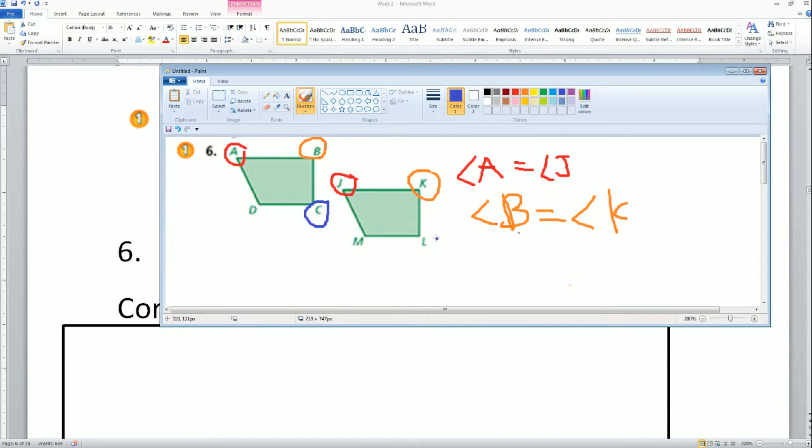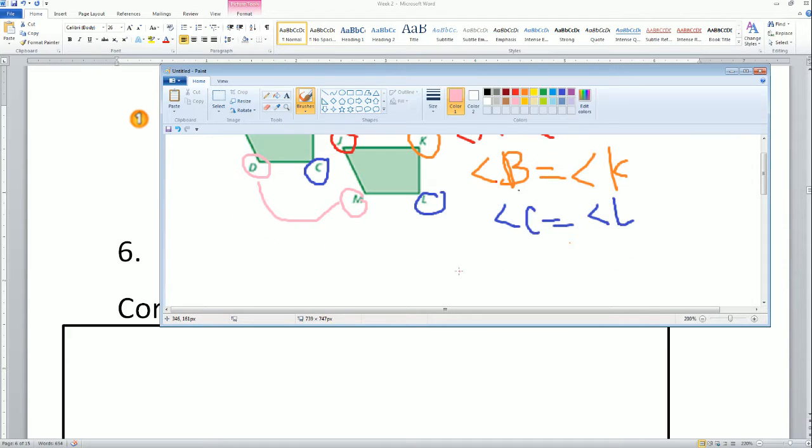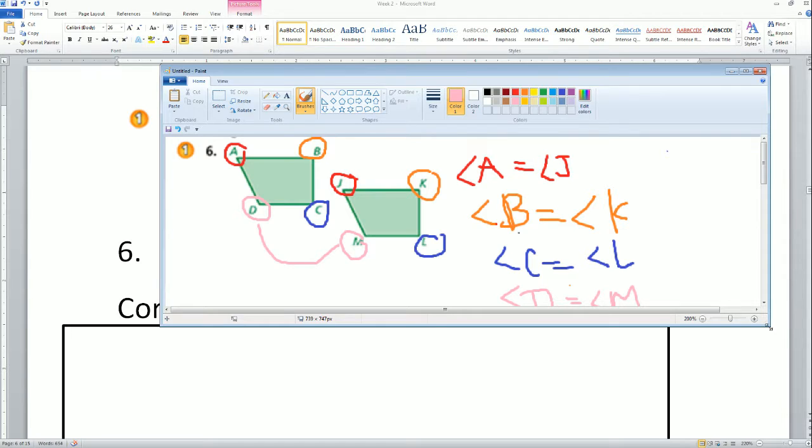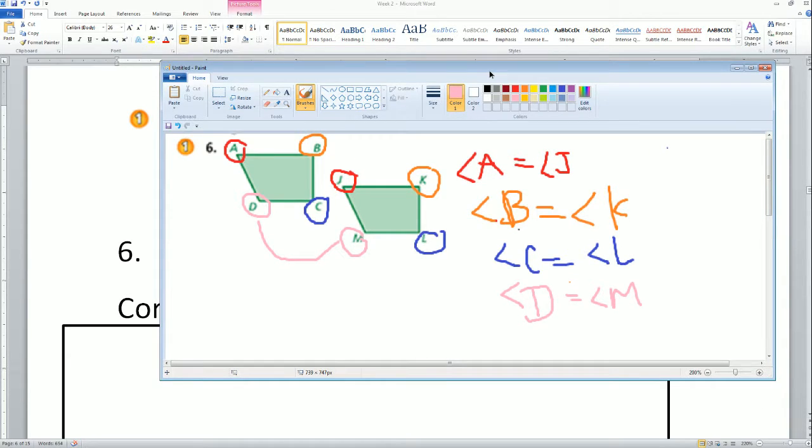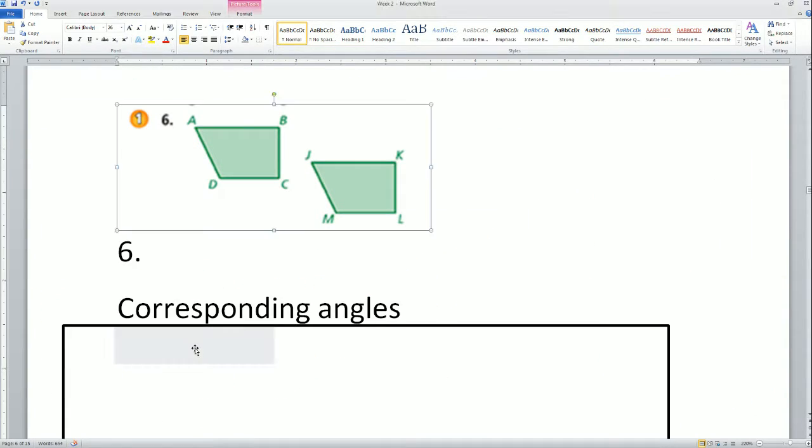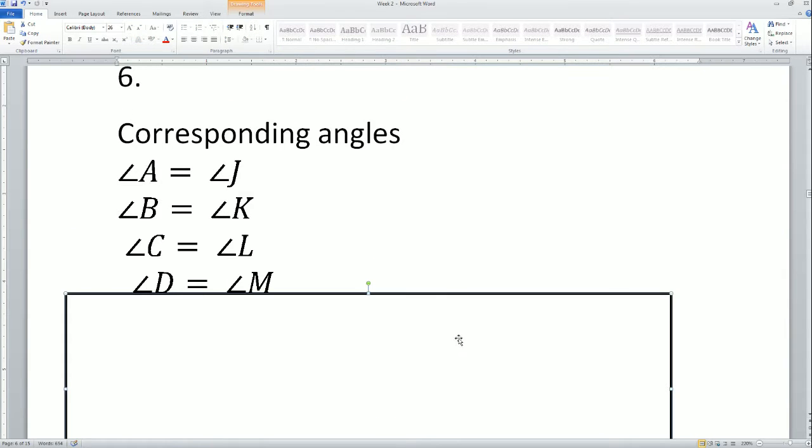C is going to be the same thing as L. So angle C is the same thing as angle L. And let's do pink. D is the same thing as M. So angle D is the same thing as angle M. There you go. Here are your 4 angles.